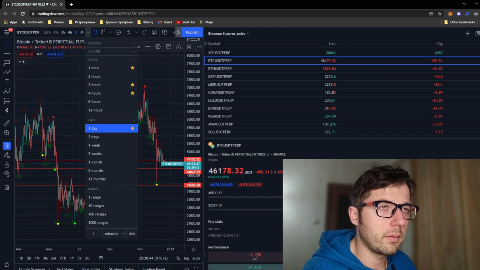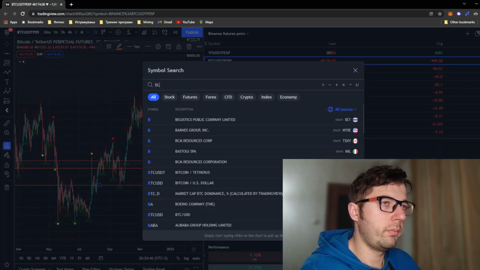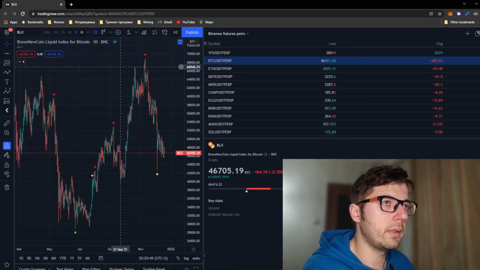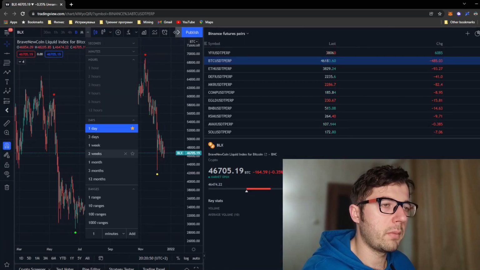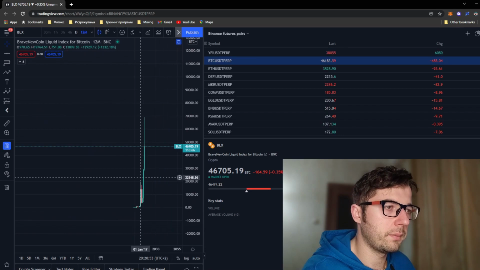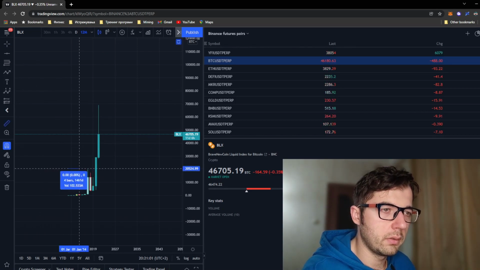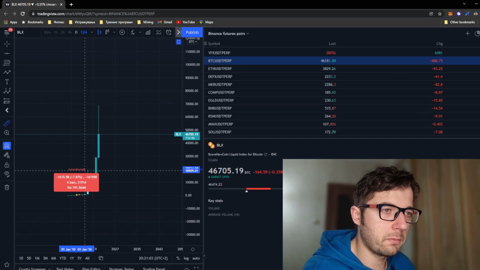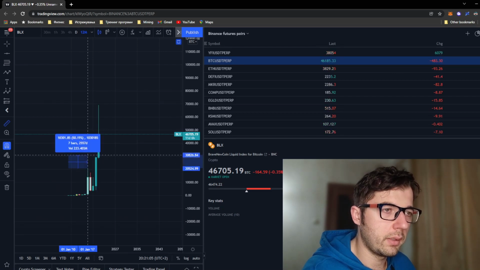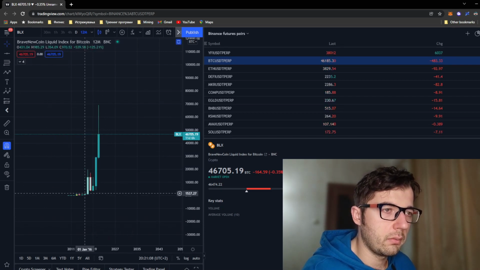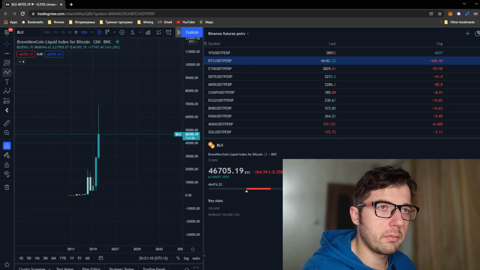The best scenario, if you go to BLX, the brand new coin index, on the 12-month chart, as you can see, we have like 6 years of doing nothing, and then expansion. So I see this fractal.